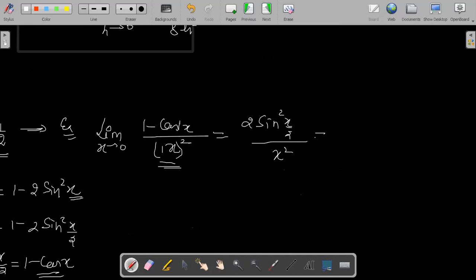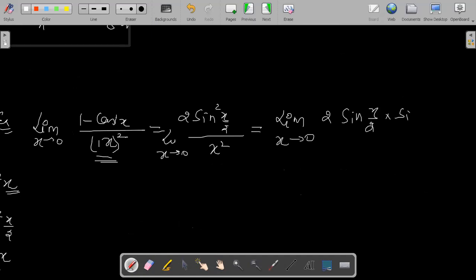So that's why we will write this as limit. I'm giving you one example so that in the next term we can use the result. This is sine x by 2 into sine square x by 2, which is sine x by 2 into sine x by 2 divided by x and x.